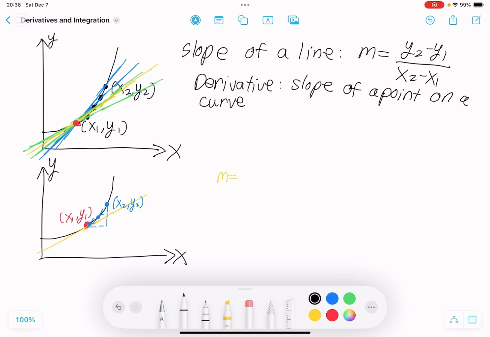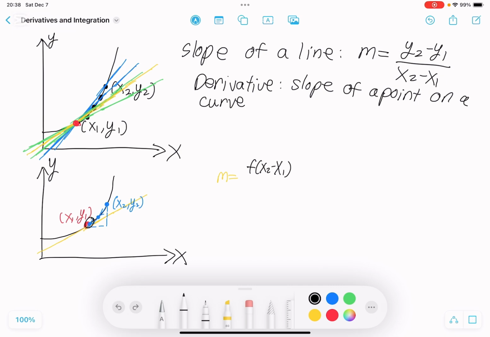So we know that as y2 minus y1 gets smaller, or as x2 minus x1 gets smaller, we know that the slope formula is y2 minus y1 over x2 minus x1, right?